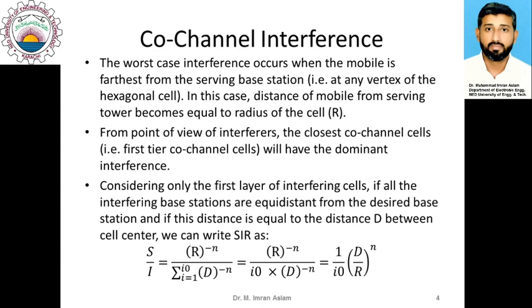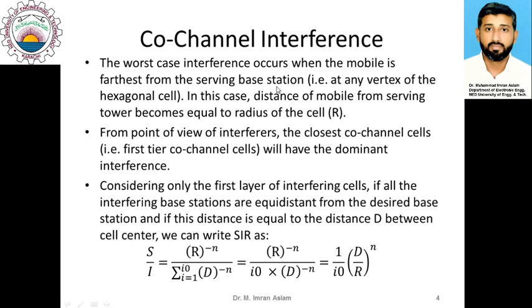When the mobile equipment is close to the serving base station, it will be receiving a significant amount of power from the serving base station, and the effect of interference will not be significant. So the worst case interference occurs when the mobile is farthest away from the serving base station.